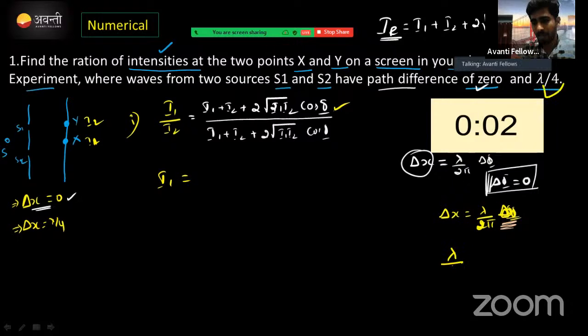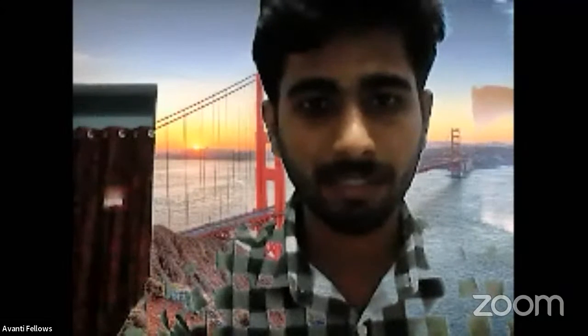Upon, what is happening here? It is not coming. Lambda upon 2 pi is not recognizing. Don't know why. Just a minute. Be here. What is happening like this?